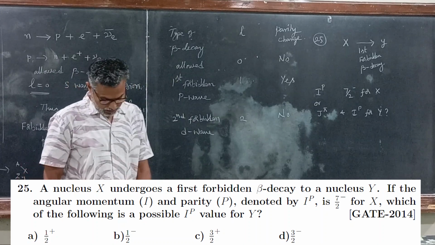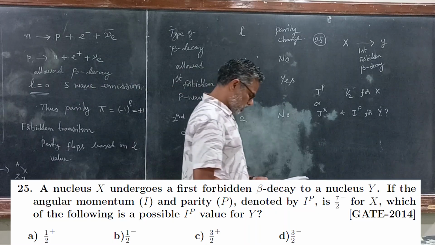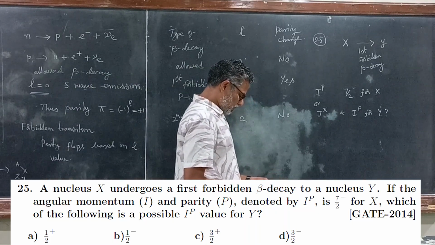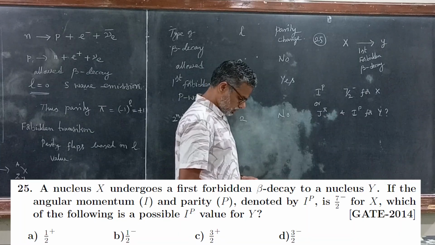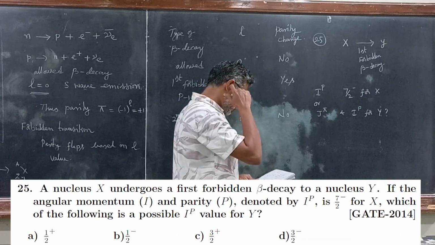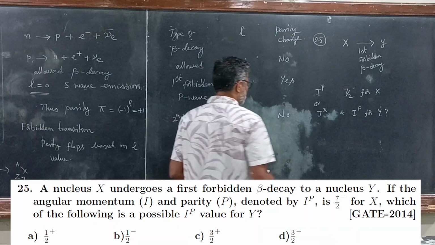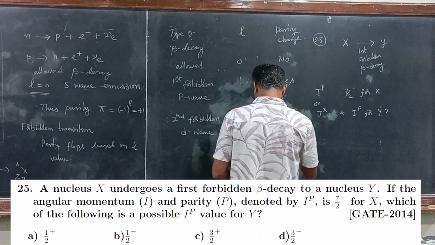Therefore the options are 1 by 2 plus, 1 by 2 minus, 3 by 2 plus, 3 by 2 minus.